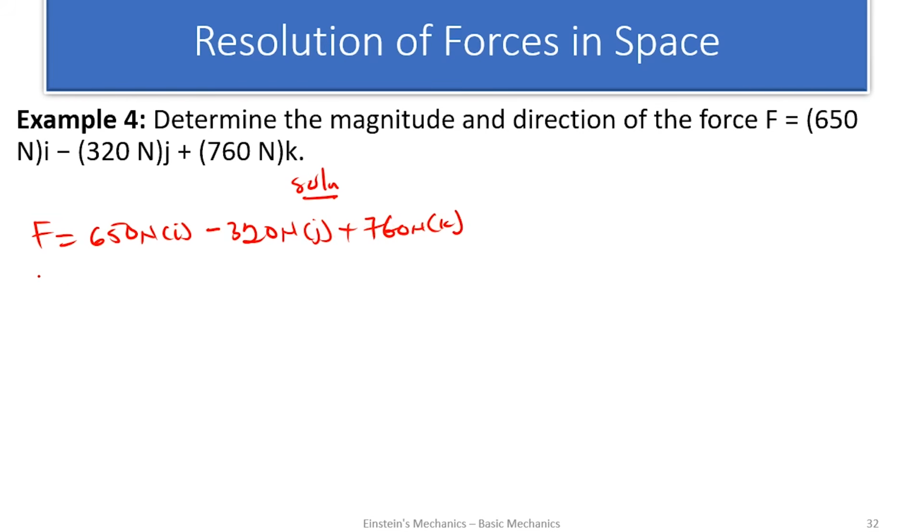So indirectly, my F, we know that this formula is the same as F of x I plus F of y J, and we have F of z what? K, this way. So can I see my F of x now is that, and my F of y now is that?